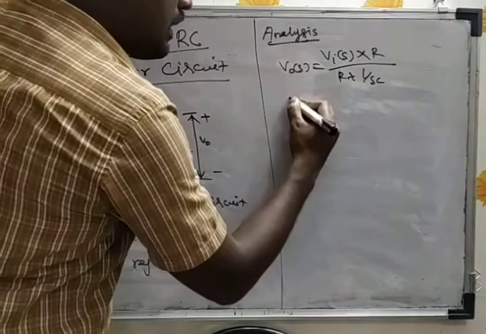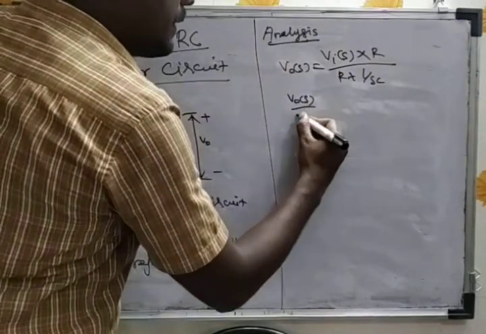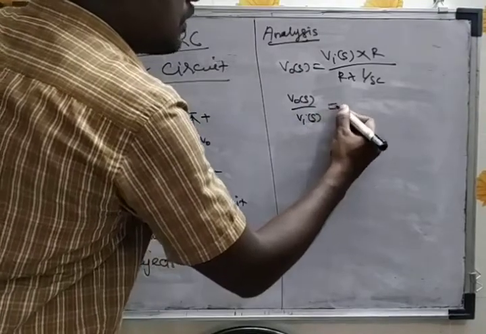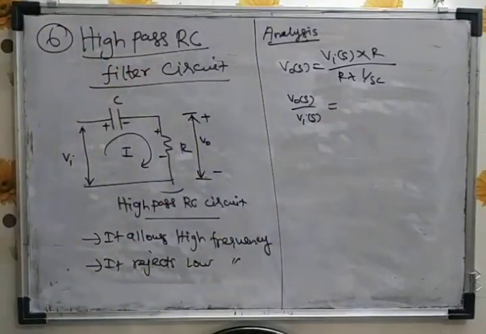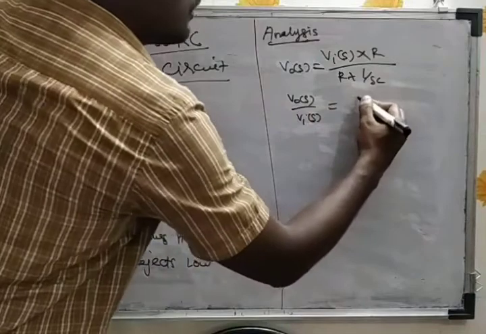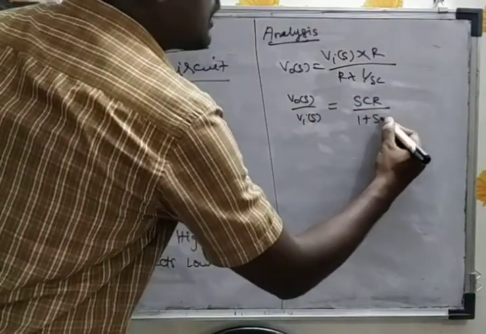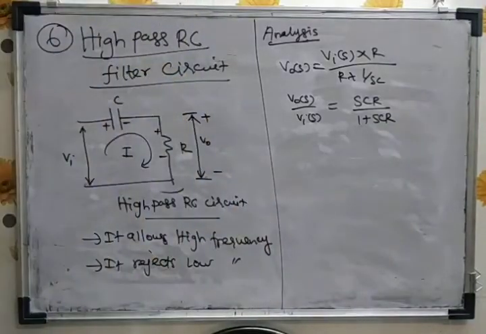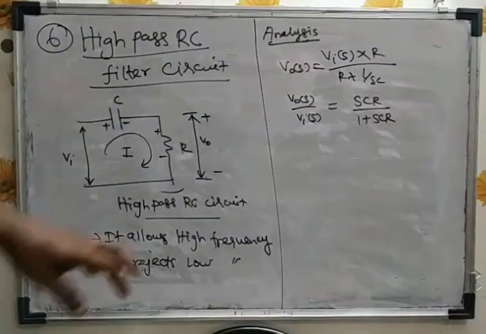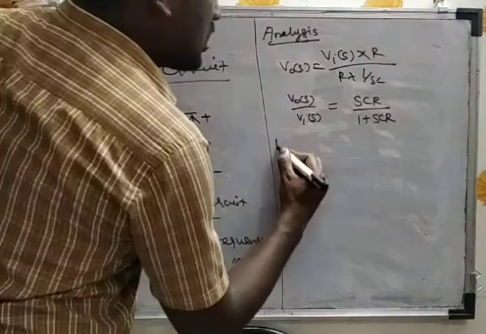If we simplify, V0 of S by VI of S is equal to SCR divided by 1 plus SCR.